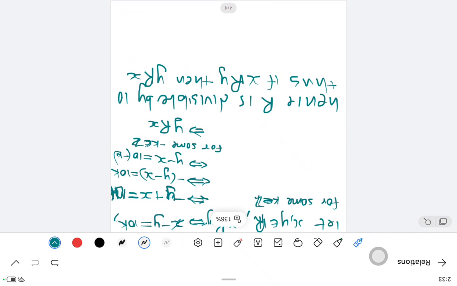So that is the definition of symmetric. So R is symmetric.